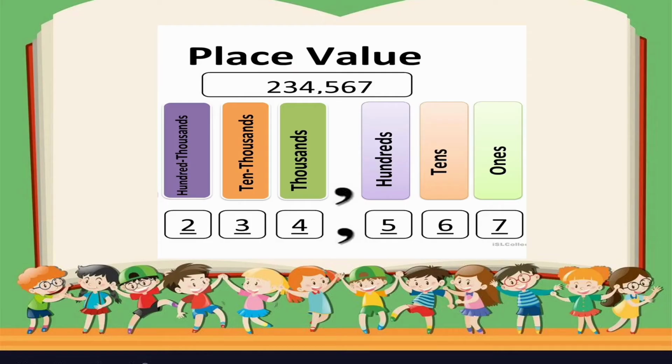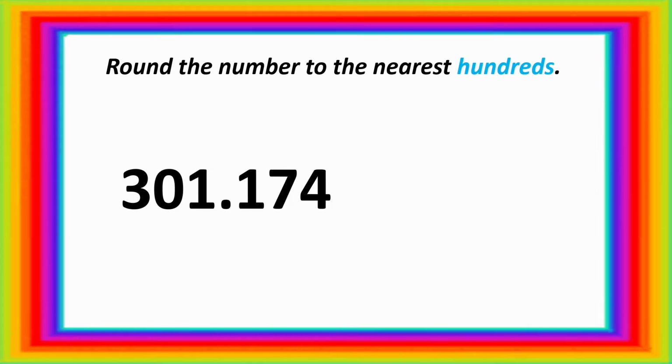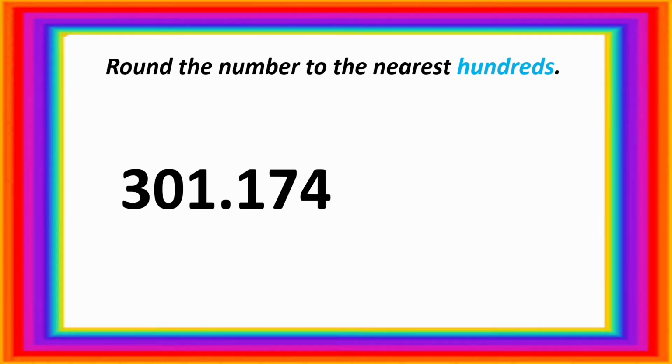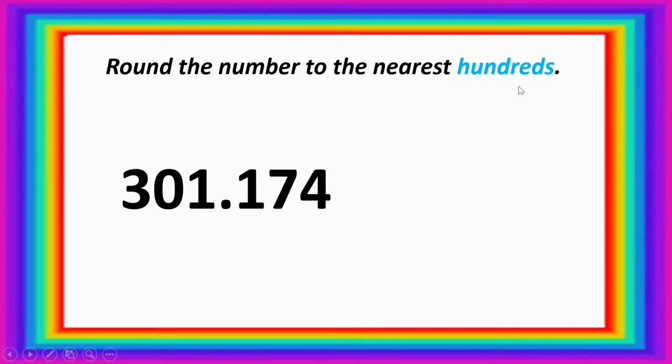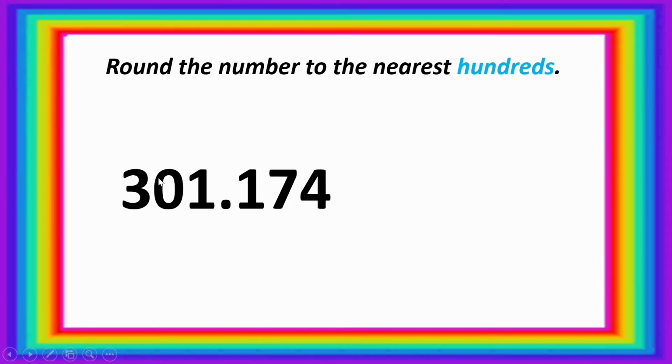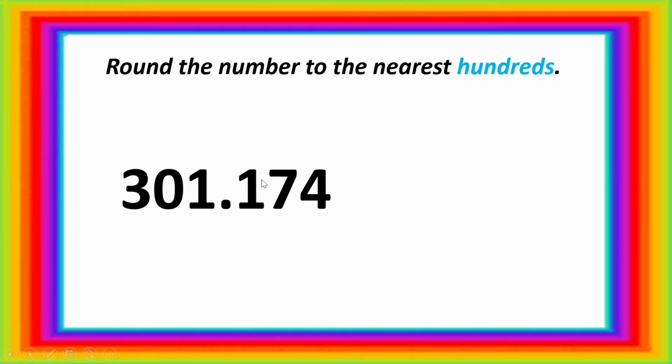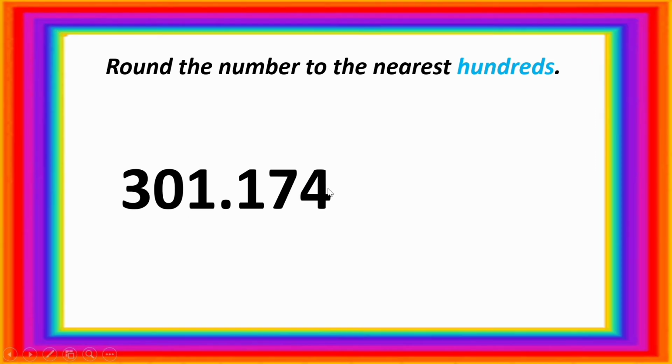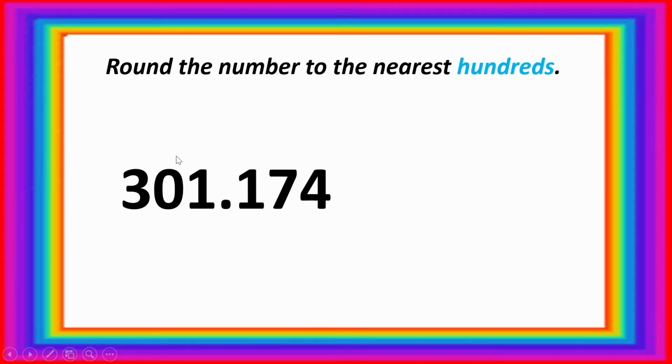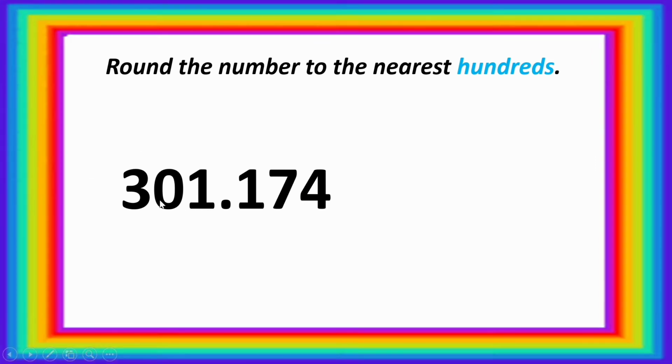Okay, next, place value. So we have ones, tens, hundreds, thousands, 10,000s, 100,000s. Round the number to the nearest hundreds. We're talking about the whole number here. This is not a whole number part, this is a fractional part. So we're just looking here.